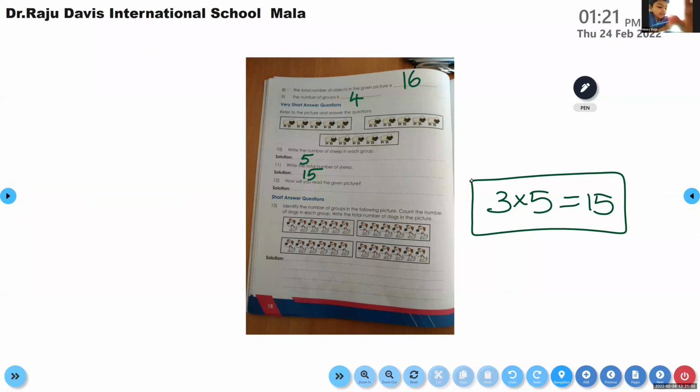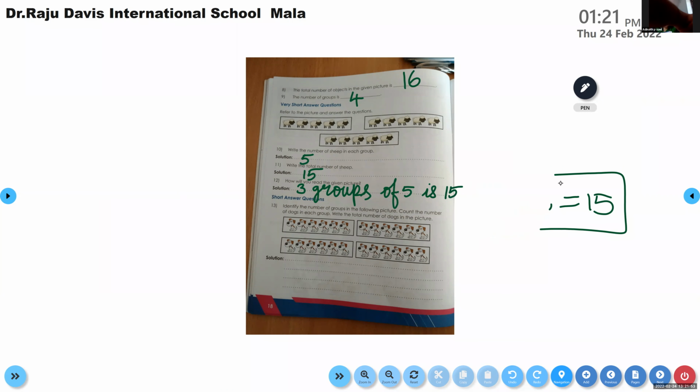Okay, so we can write here 3 groups of how many objects in each group? 5. 3 groups of 5 is, what's the answer? 15. 3 groups of 5 is 15.